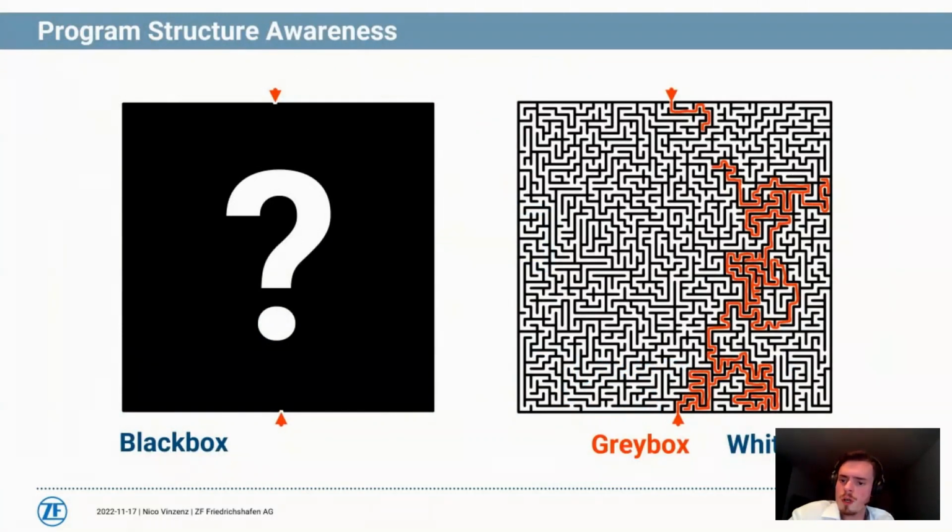The program structure awareness plays a big role. The simplest thing we could have is, of course, a black box fuzzing tool, which doesn't know what's going on in our test target. The advantage is that it's very easy to set up. The disadvantage is we don't really know what's going on.